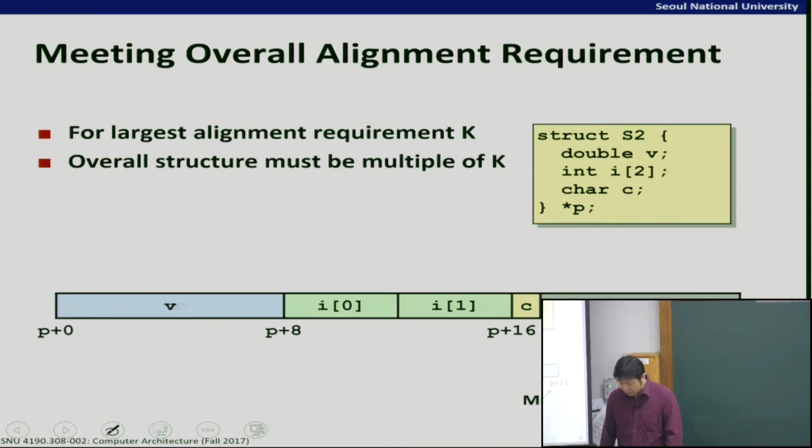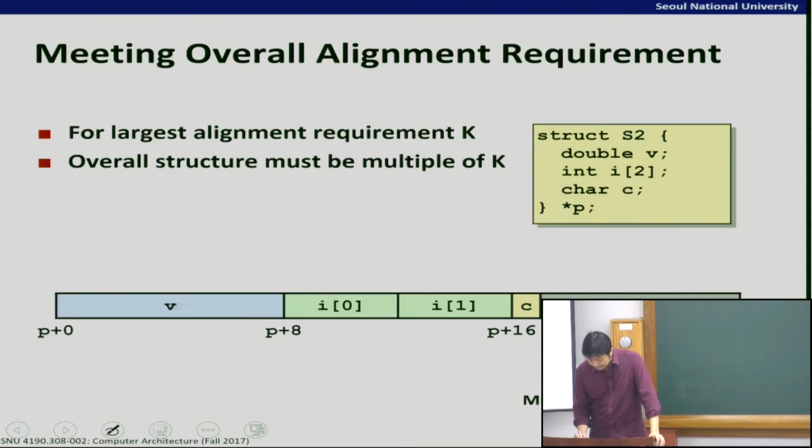So then the question is, what if we change the order of the fields? In this case, double, integer, and char. Then the layout will become different.